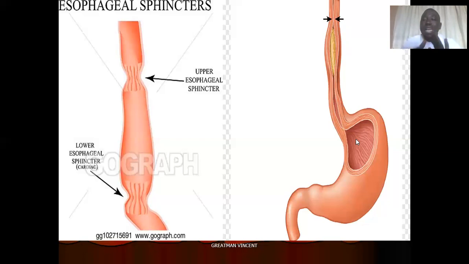The moment food lands in the stomach, we are done with swallowing. Swallowing is done. So we have three phases: the oral phase, pharyngeal phase, then the esophageal phase.